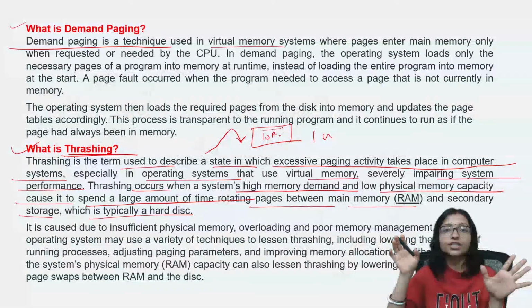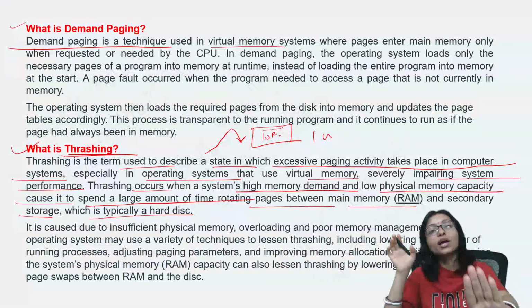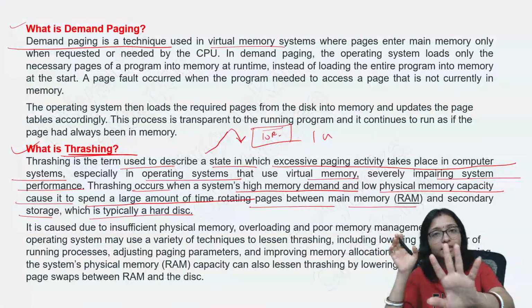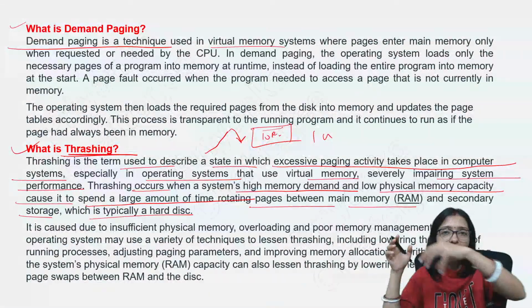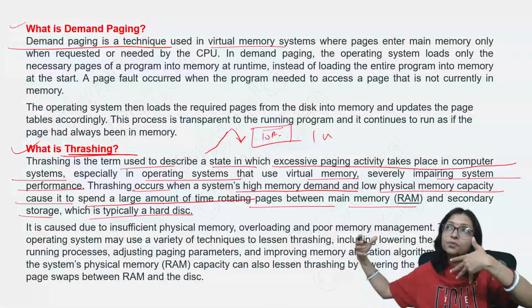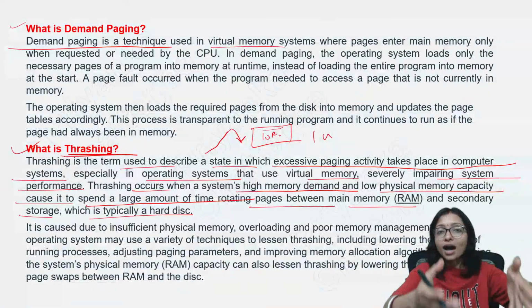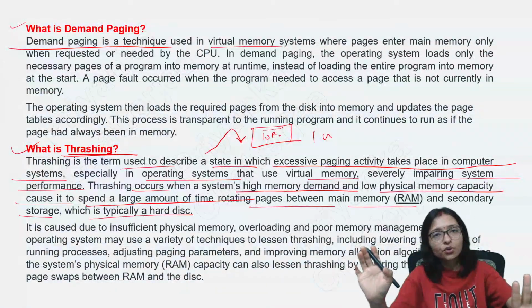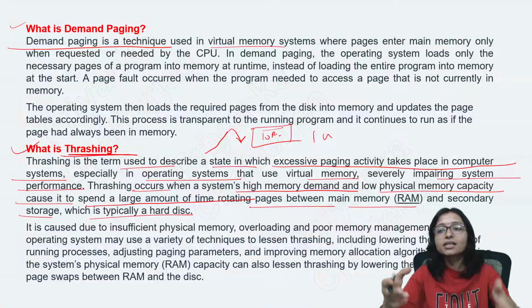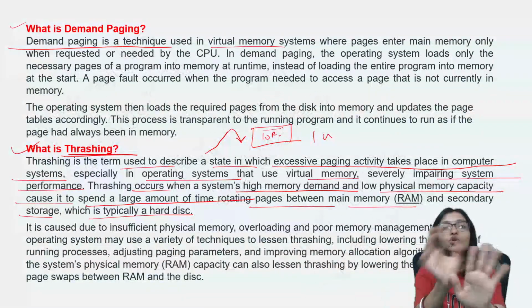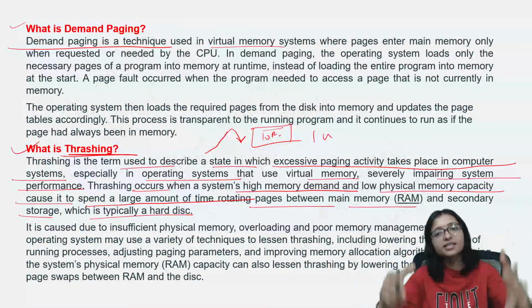That is called thrashing. It's a very popular example I am telling, traffic. In a traffic signal, on a very narrow road, if so many cars are coming and proper traffic rules are not there, anyone is not able to move, they are stuck.